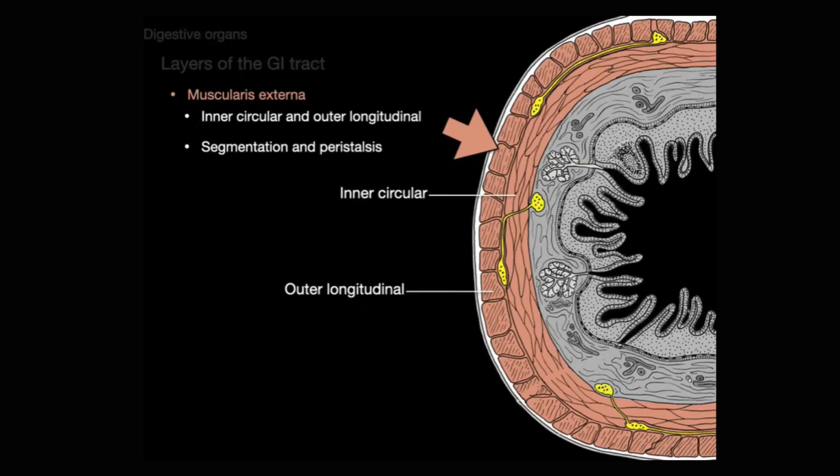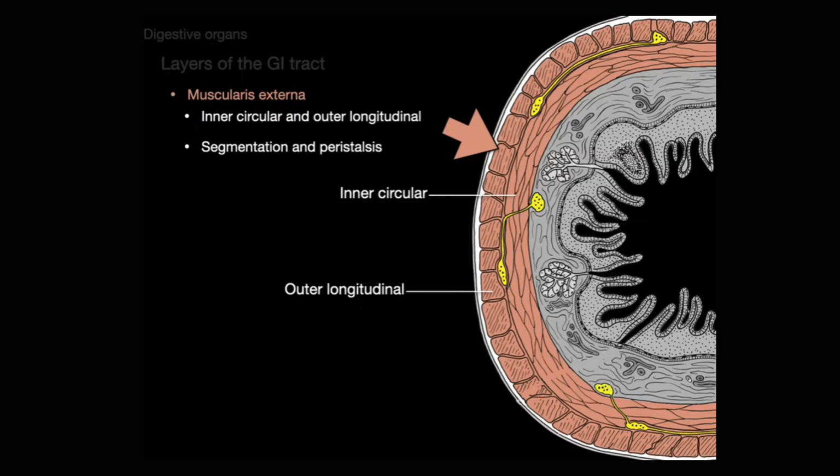And the muscularis externa consists of the inner circular layer and the outer longitudinal layer. So when we say it has two layers, first we're going to talk about the inner circular layer, which is the very inner part.